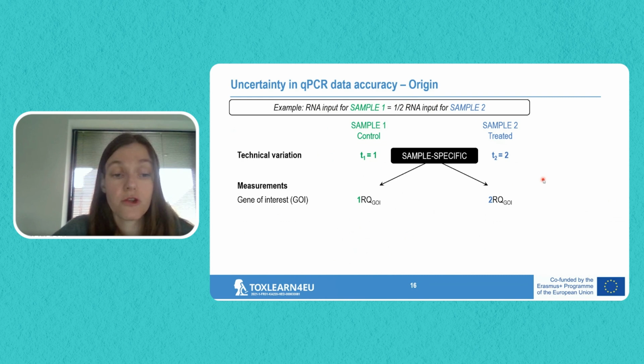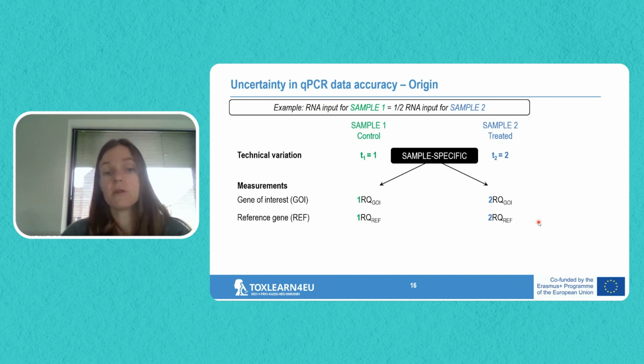When you then measure the gene of interest, you obtain so-called RQ values. So here the technical variation is 1, here the technical variation is 2. As I mentioned, the technical variation is of course the same for the gene of interest and the reference gene. So again, number 1 for sample 1, 2 for sample 2.